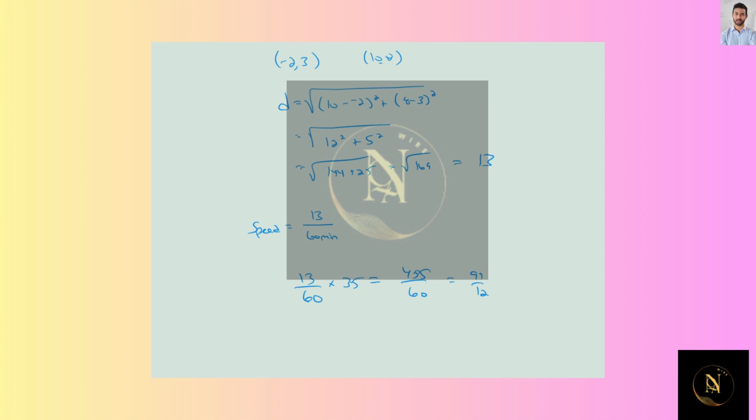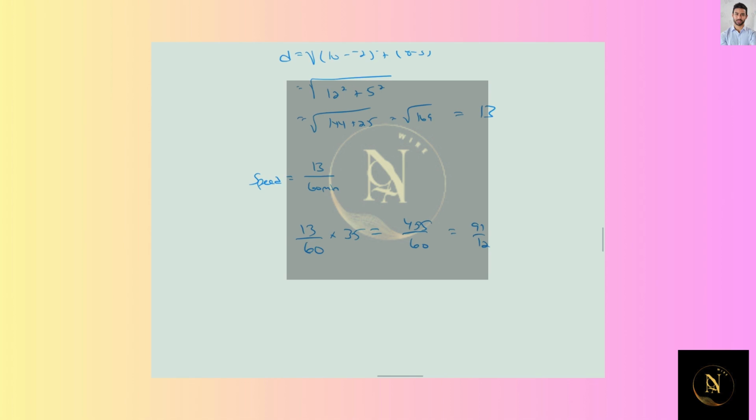Okay, now Whitney's traveling in a straight line, so we can find her position after 35 minutes by finding the point along the line. The total time taken for the trip is 60 minutes, and she has traveled for 35. The fraction of the total journey completed in 35 minutes is going to be 7/12, or 35 out of 60, or 7/12 of the way.